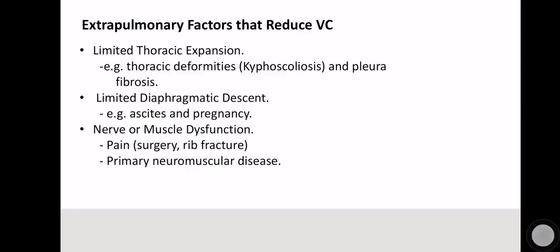Extrapulmonary factors that reduce VC: limited thoracic expansion, with examples being thoracic deformities and pleural fibrosis, limited diaphragmatic descent, nerve or muscle dysfunction.